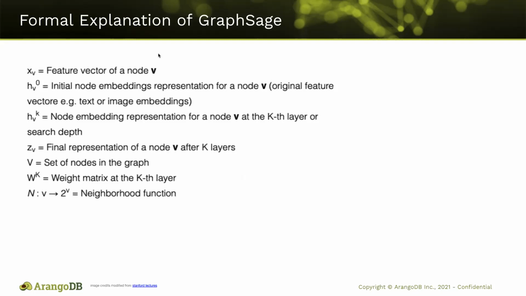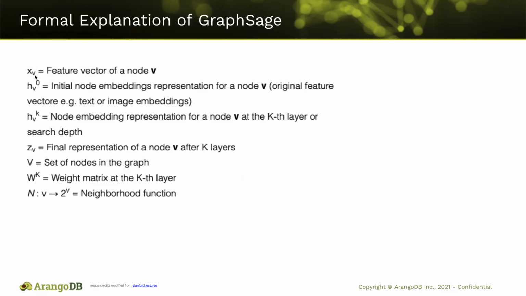Now let's understand more formally how GraphSAGE generates node embeddings at each layer k using forward propagation. We understand this with the help of visuals, and then we can map this understanding to the pseudocode mentioned in the GraphSAGE paper.